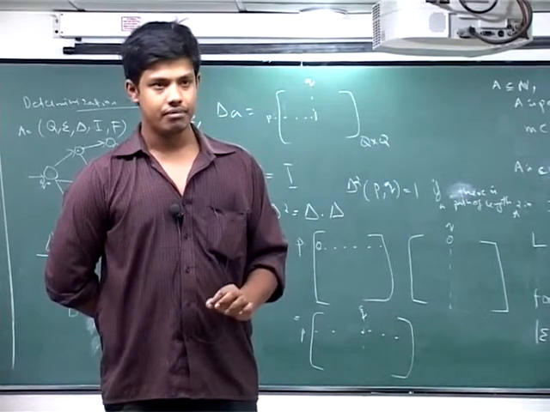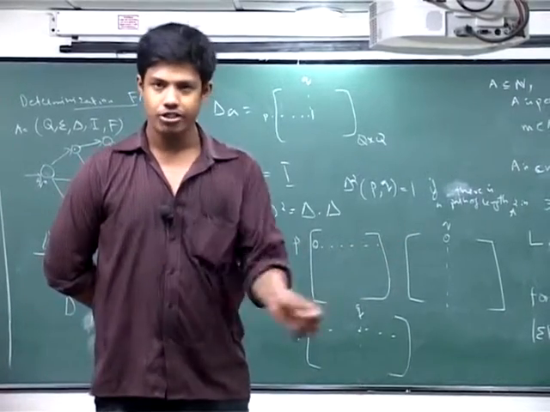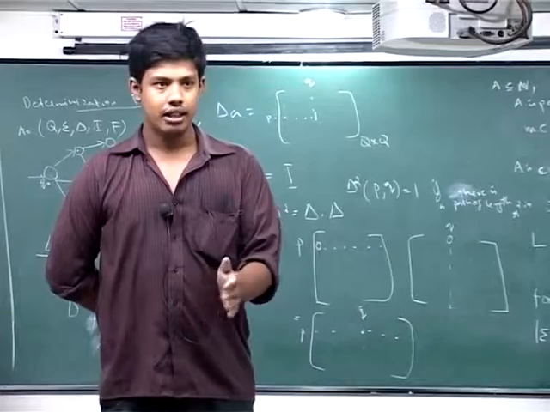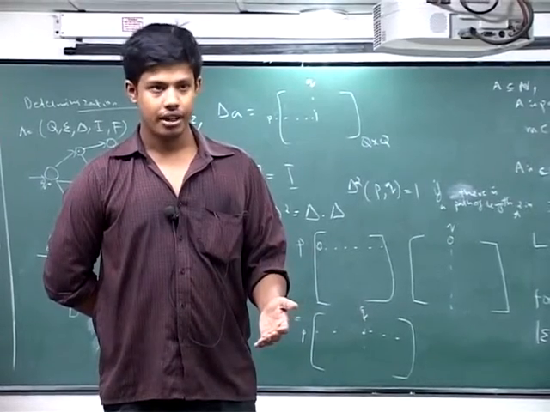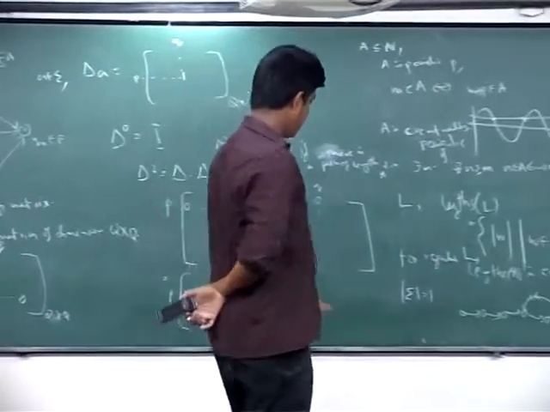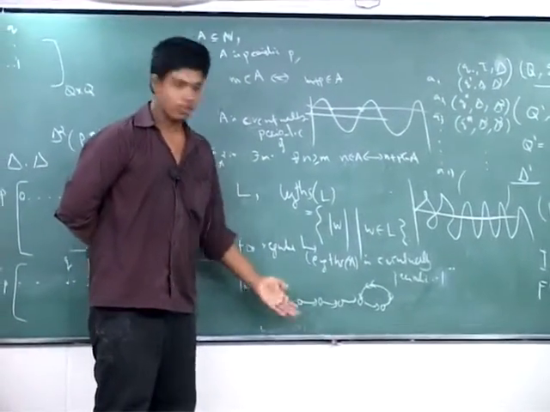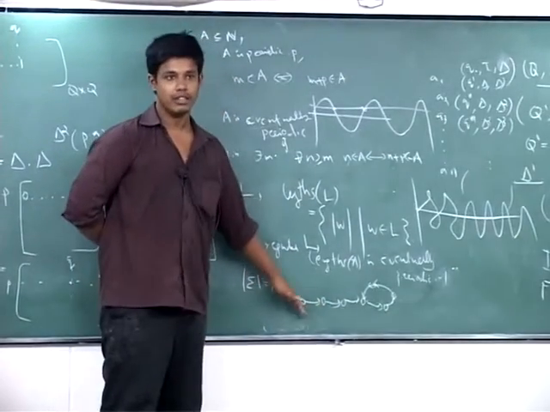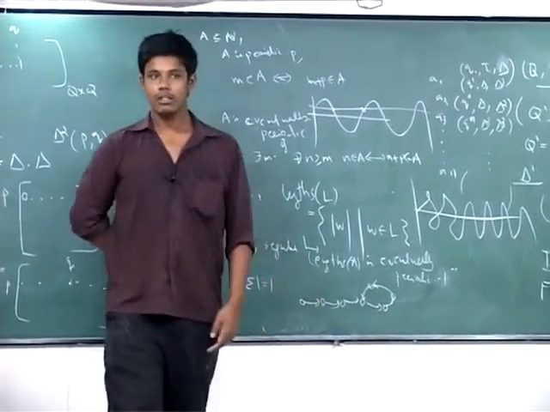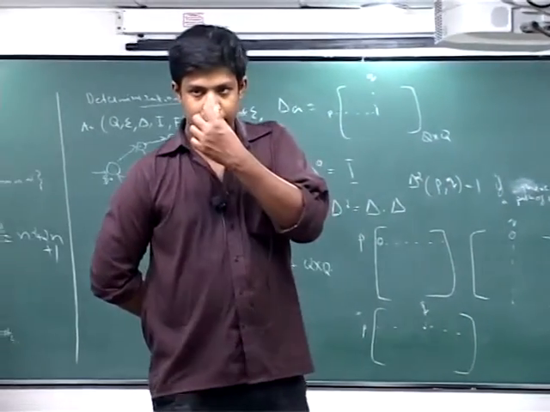The lengths are preserved, because earlier if there was a path, now also there is a path, except that the labels have changed. Hence, I can conclude that the lengths of words in that automata are the same as the lengths of words in this automata. Hence it is also eventually periodic. Is the argument clear?